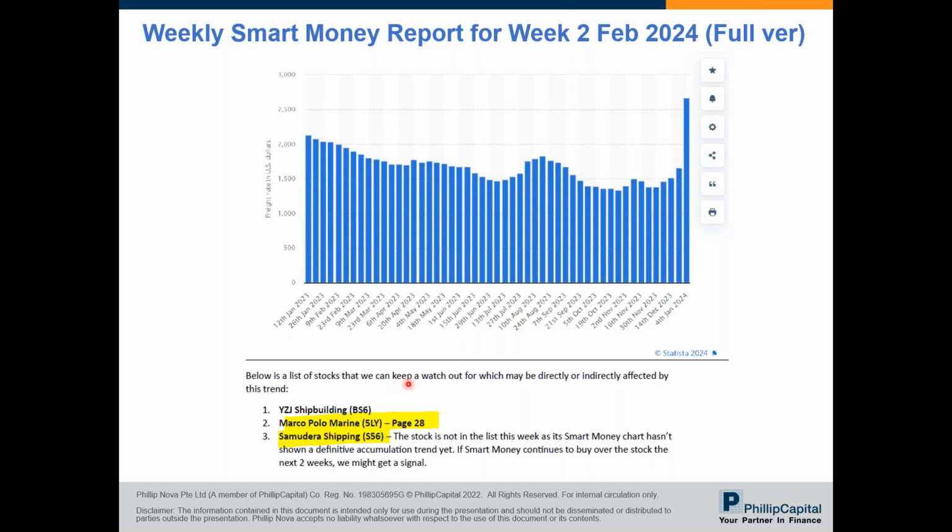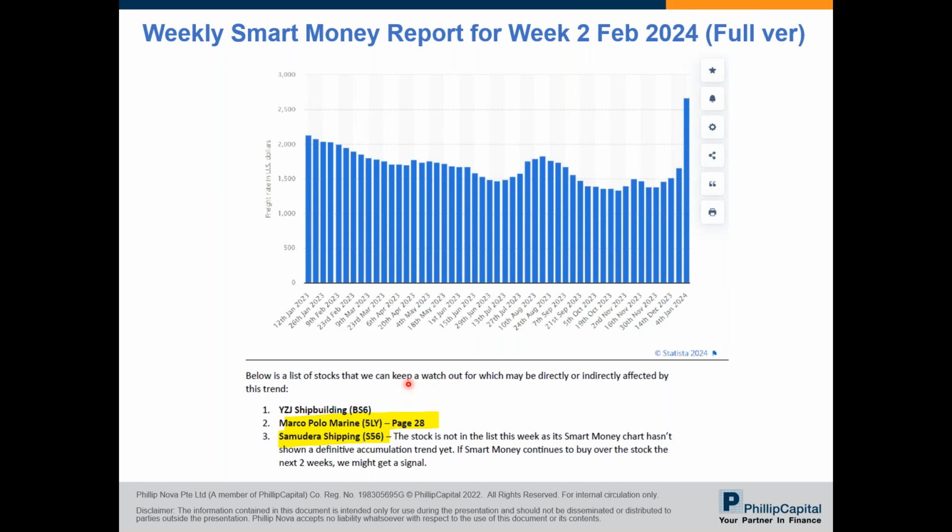Okay, Yangzijiang, of course, we know that it's into shipbuilding, and it's a Chinese firm. Personally, I'm not too comfortable investing in Chinese companies at the moment, so I really would avoid this.